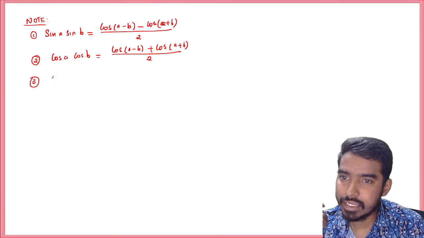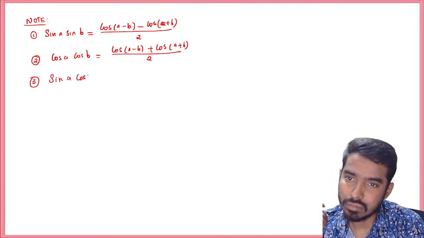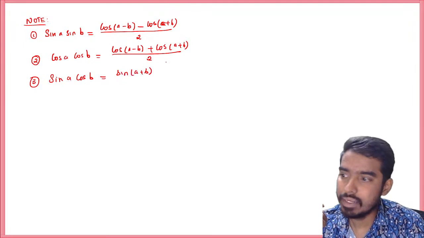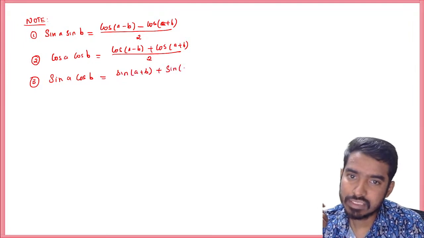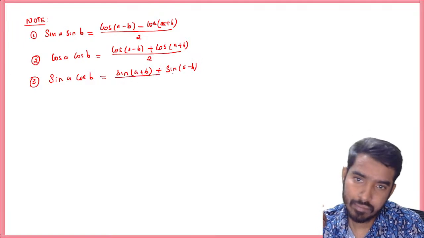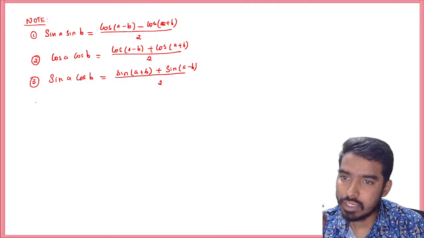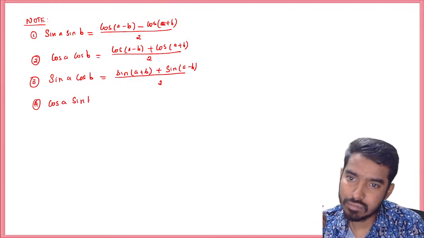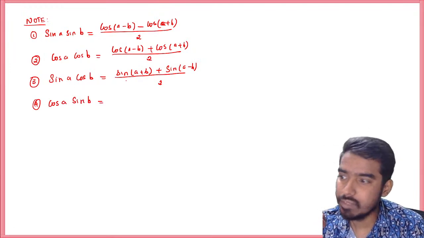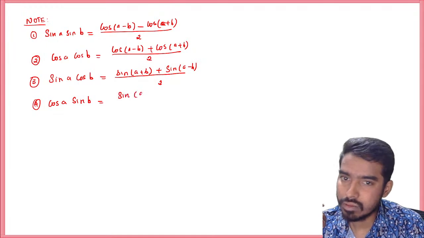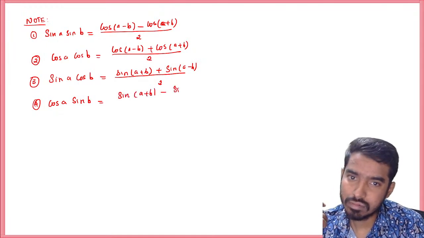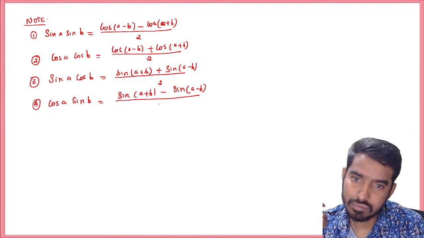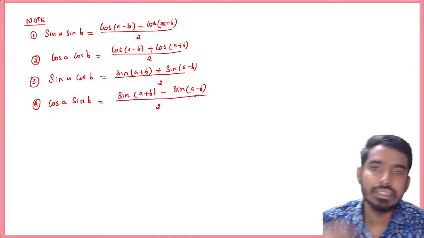The third is sin a cos b. Sin a cos b is sin a plus b plus sin a minus b divided by 2. Fourth is cos a sin b, which is sin a plus b minus sin a minus b divided by 2. So you just remember these 4 formulas, right?